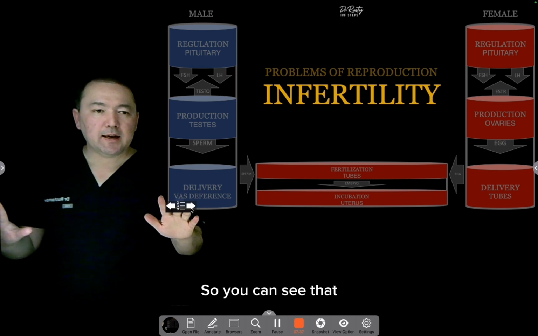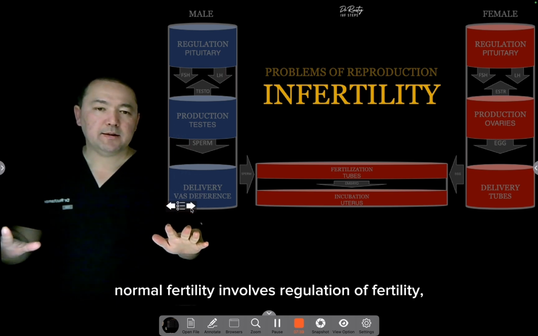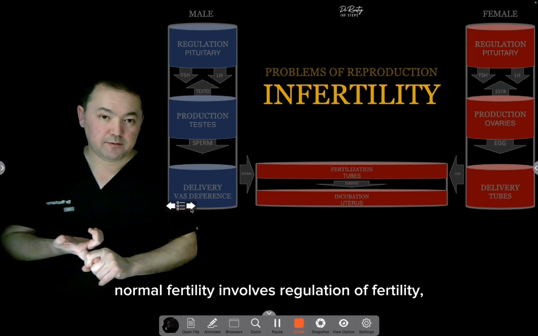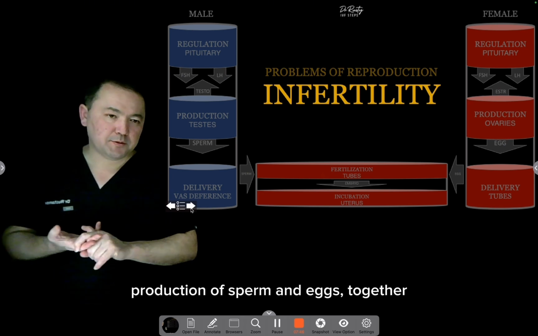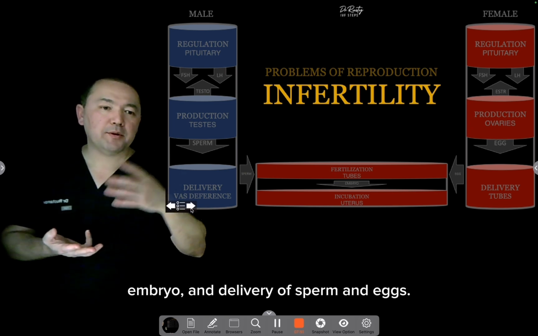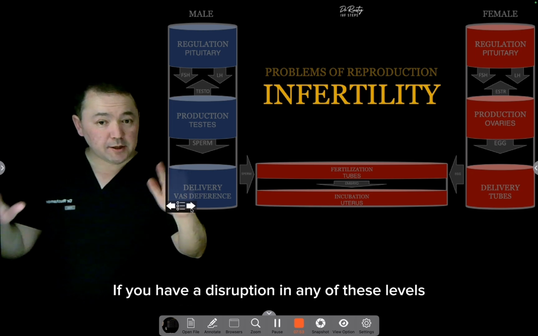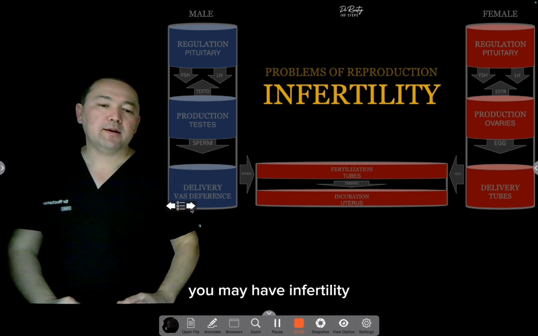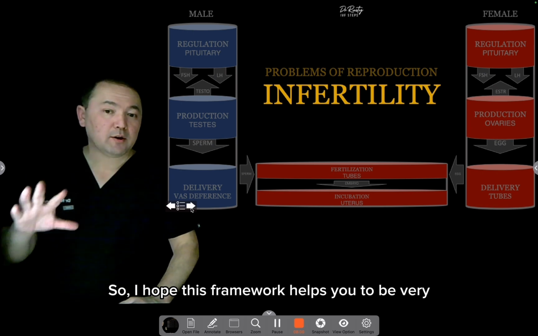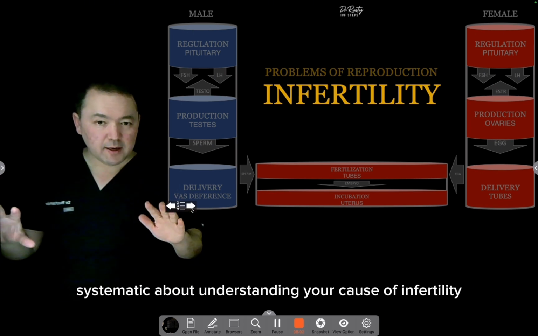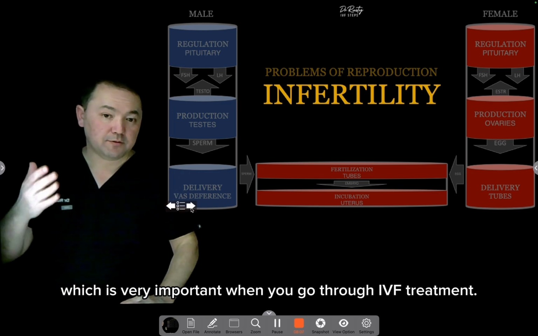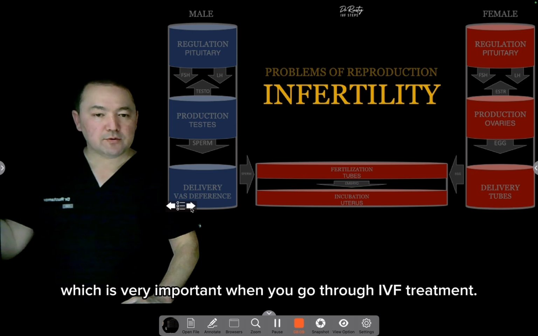So you can see that normal fertility involves regulation of fertility, production of sperm and eggs to get the embryo, and delivery of sperm, eggs and embryo. If you have a disruption in any of these levels, you may have infertility. I hope this framework helps you to be very systematic about understanding your cause of infertility, which is very important when you go through IVF treatment.